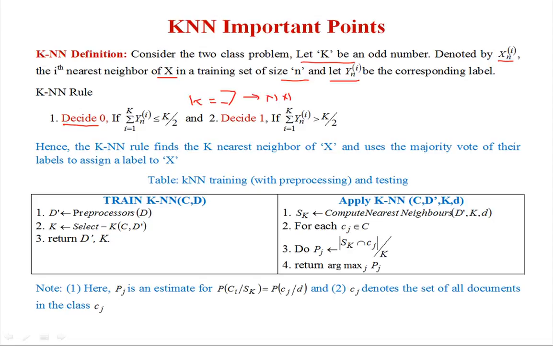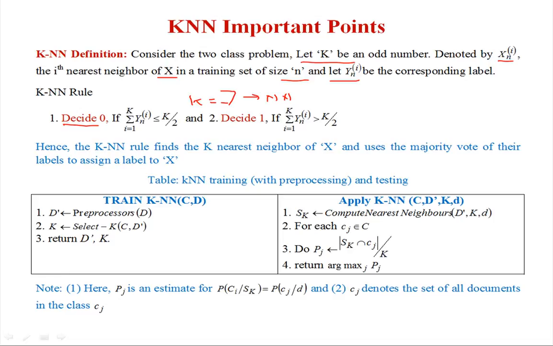K is equal to 7, then if the number of documents in the nearest neighbors is less than 7 by 2, then we will decide that the document is not related to that class.